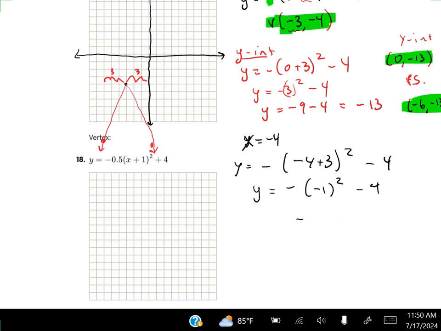So we get negative 1 minus 4 is negative 5. So here we can kind of see that I didn't draw it perfectly to scale, but there we have it. There's going to be a point on the other side, so if I had chosen negative 2, this value would be over here at the same y value. So let me just fix this up and widen this out a little bit.